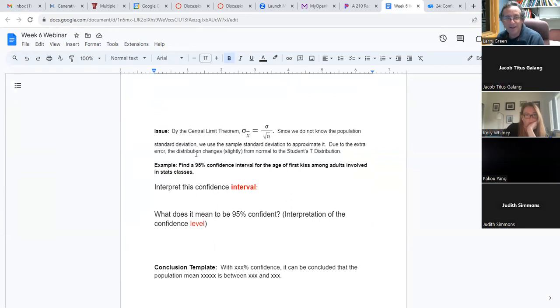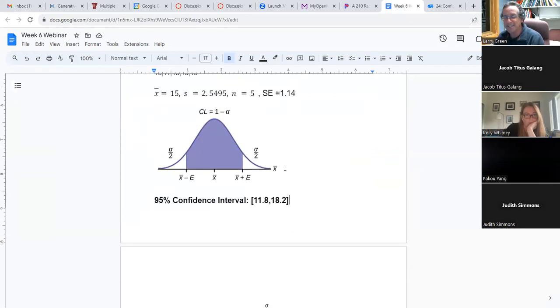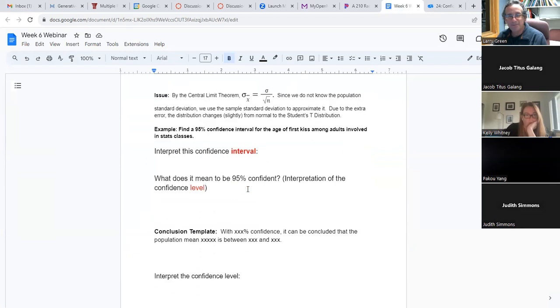So I already talked about the fact that it's not a normal distribution, it's actually a t-distribution. So I'm going to skip that. So we can interpret this confidence interval. And here's how it works.